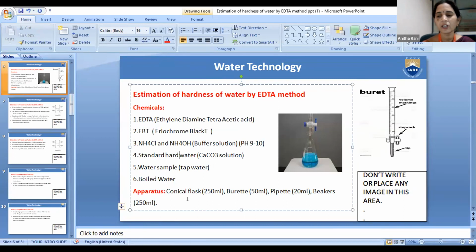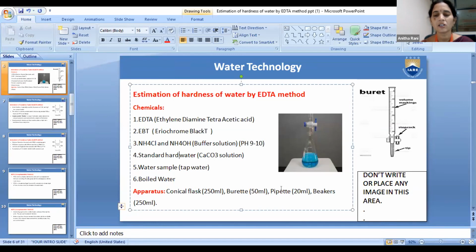The apparatus we require is a conical flask, burette, pipette, and beakers. The conical flask is used to take all the water samples for titration. The burette we fill with the EDTA. Next, the pipette is used to take an exact volume of the water sample.